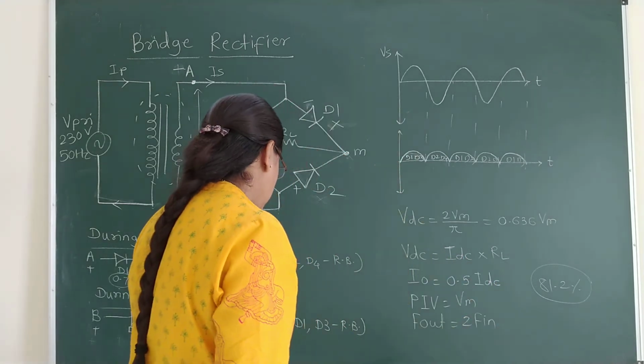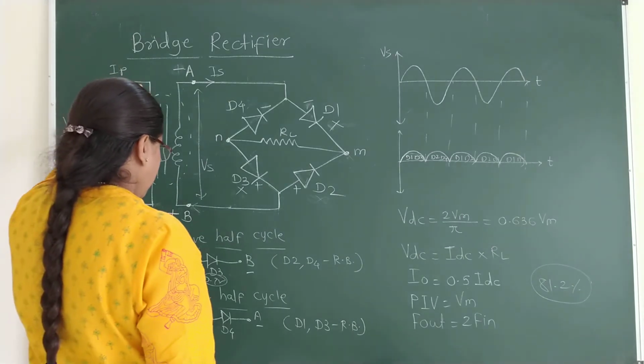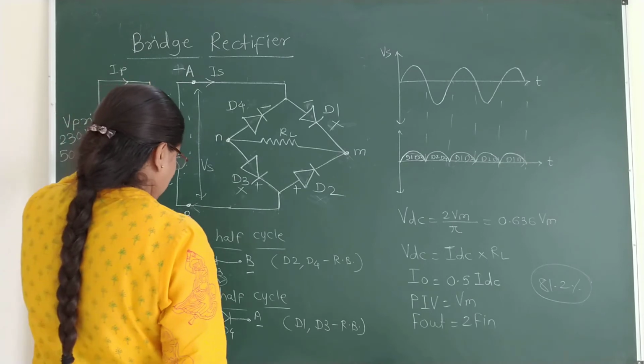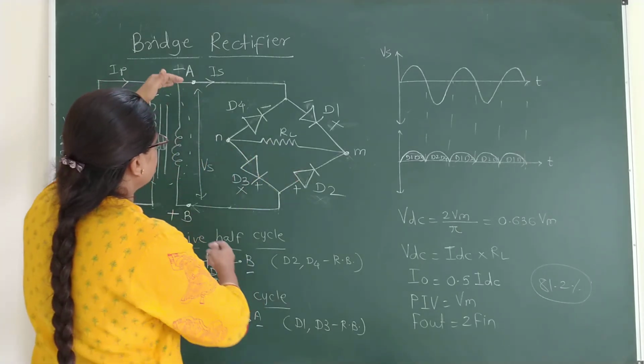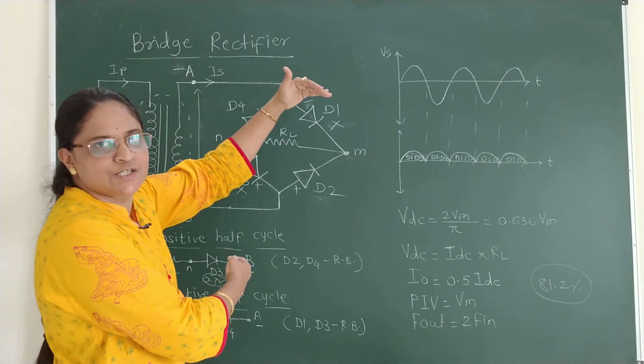In this way, such a bridge rectifier circuit can be used where the center tap transformer is to be eliminated, as well as where the output is twice that of the center tap transformer. VDC: total secondary voltage is 40 volt. Here also the total secondary peak voltage is 40 volt.